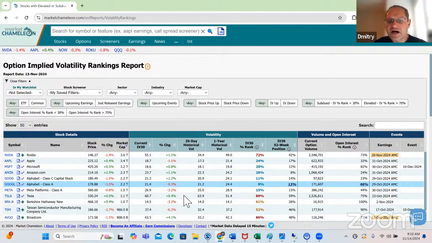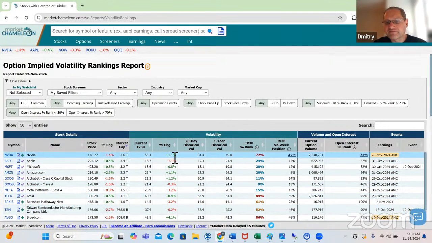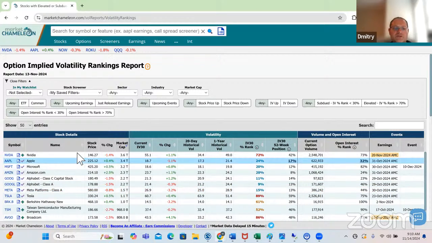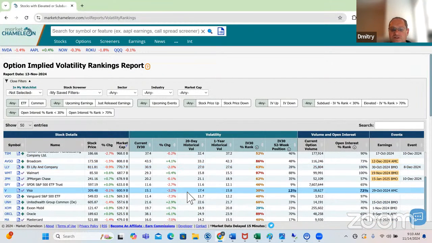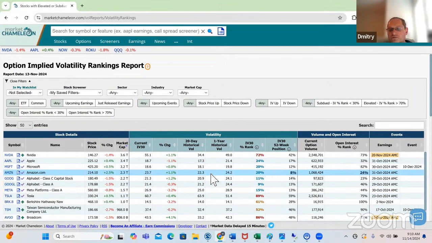So this is a mixed bag, just looking at it. Some stocks' implied vols went higher, some went lower. So at least in the top 10 biggest market cap stocks, we don't see that they're all moving in one direction together yesterday. Okay, up or down.